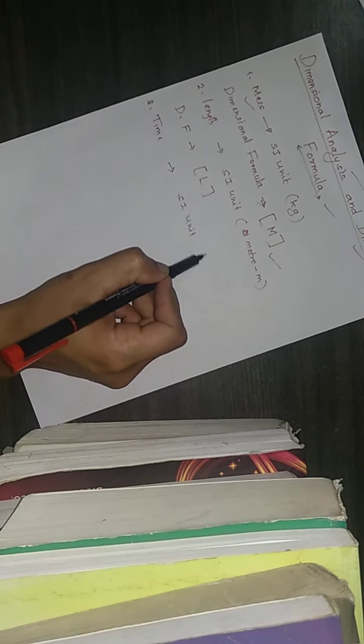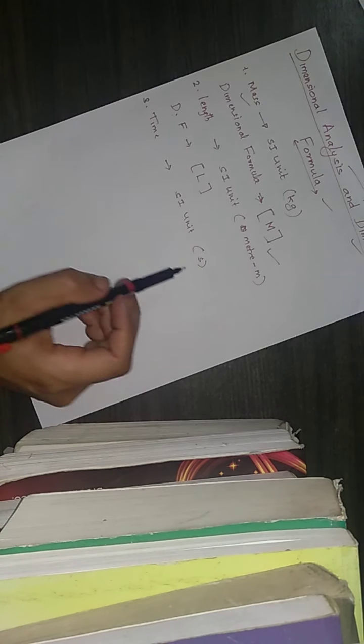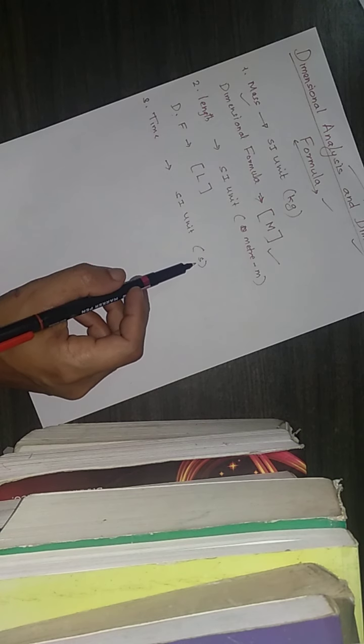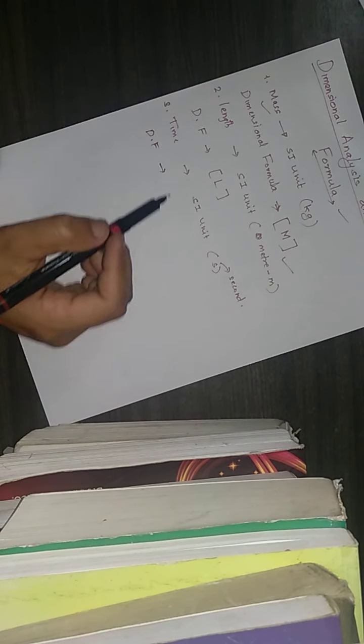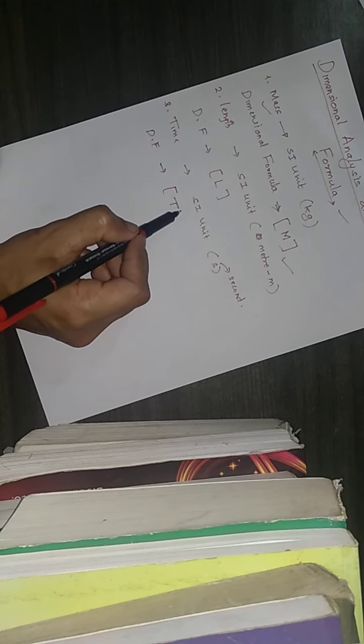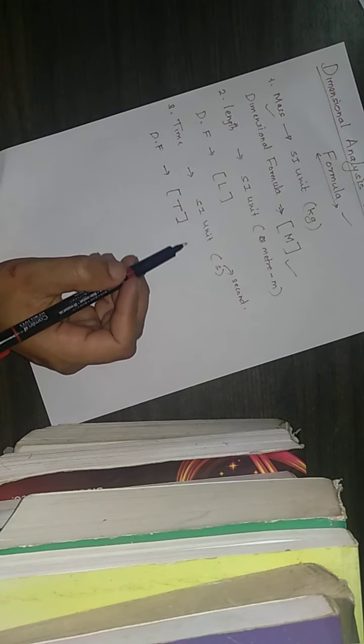Similarly, time: its SI unit is seconds, symbolically written as small s. Its dimensional formula for time is T.